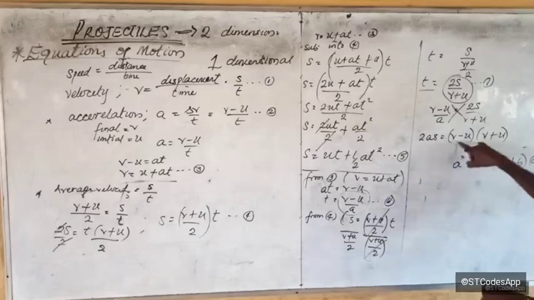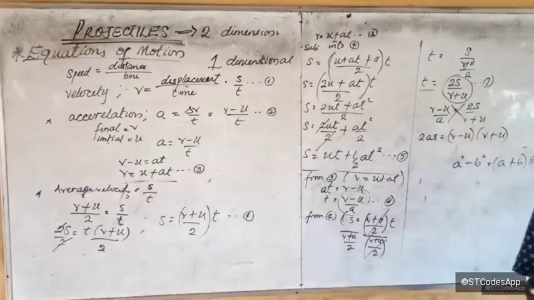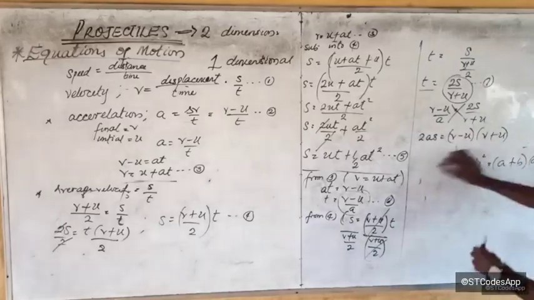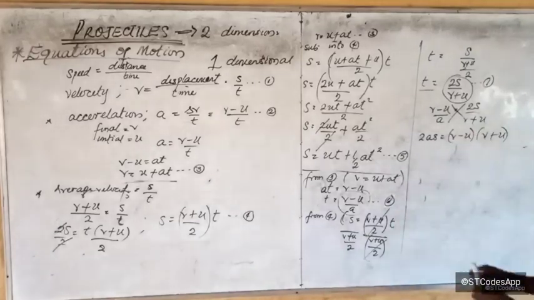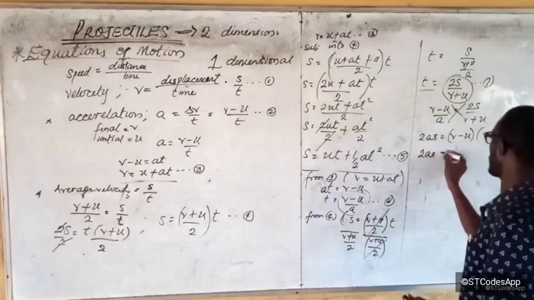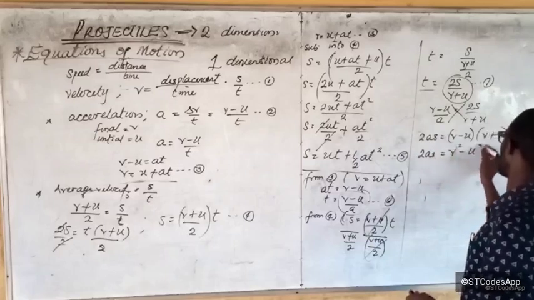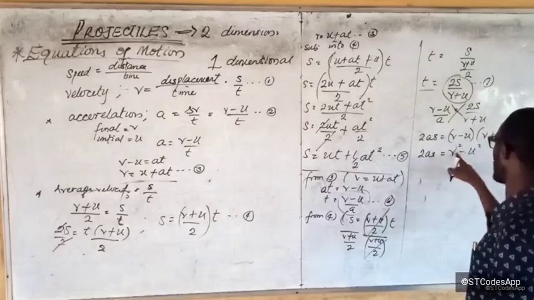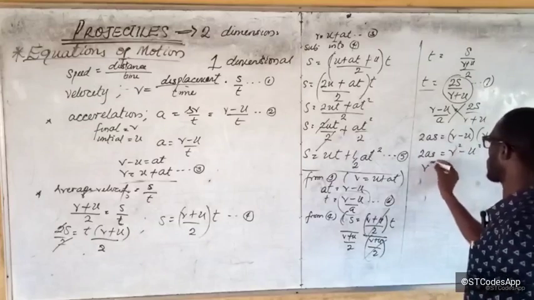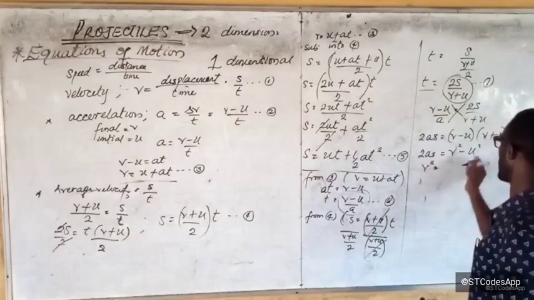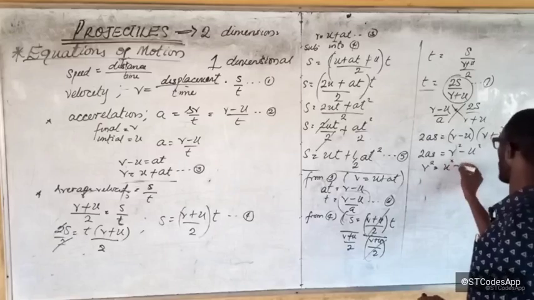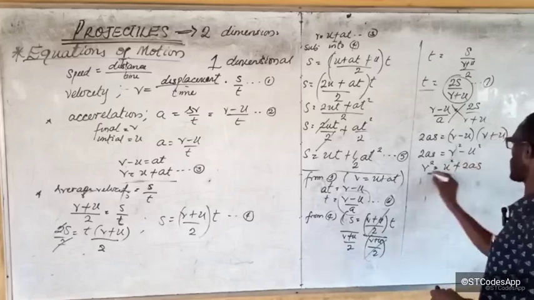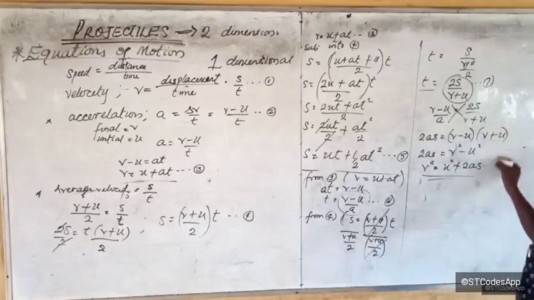So it means that this is going to be v squared minus what? u squared. All right. So what do we have? 2as will be equal to v squared minus u squared. And if I make v squared the subject of the formula, v squared is equal to u squared plus 2as. And this is equation 8.